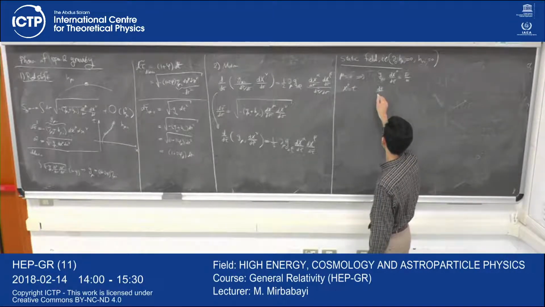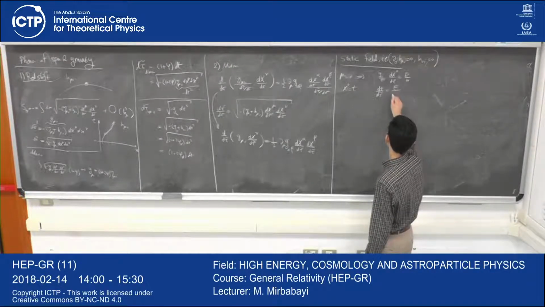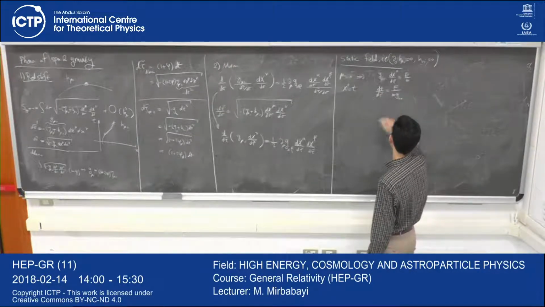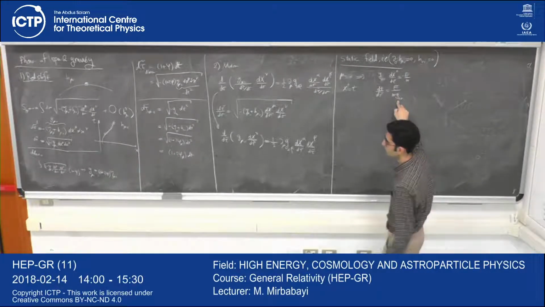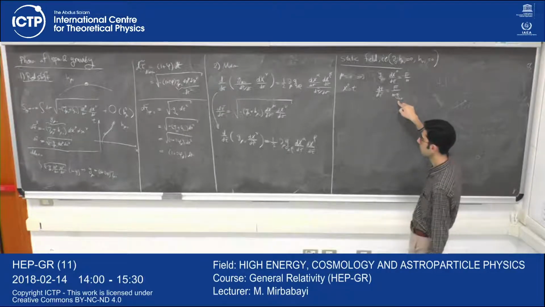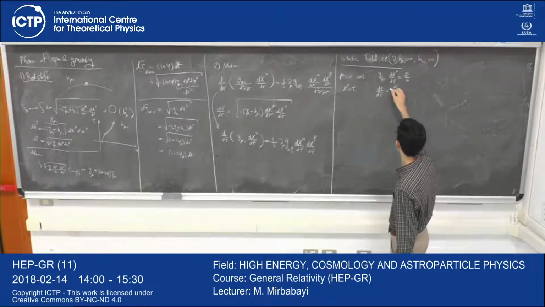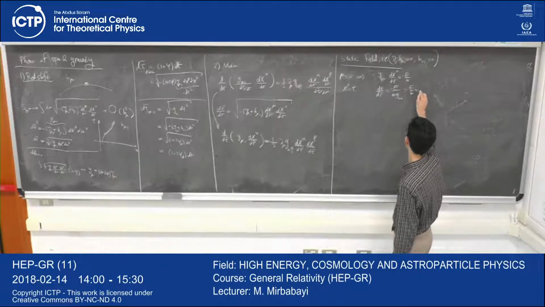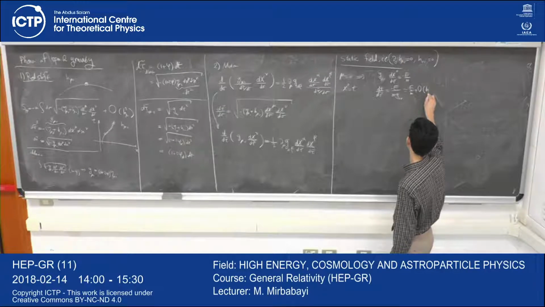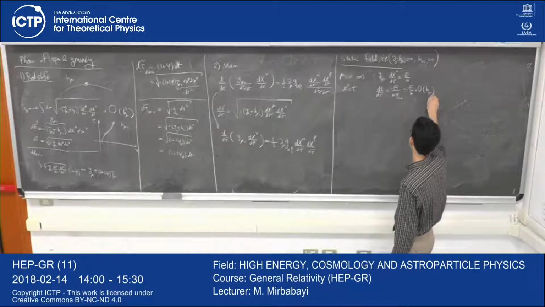So dt over d tau tilde is E over m g00. Let me also put a minus on because g00 is negative. And this is approximately E over m plus order h mu nu or h00 correction.